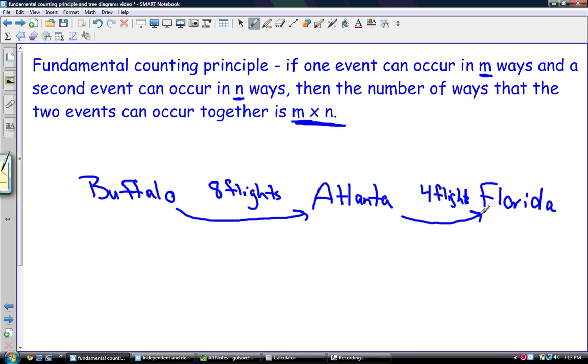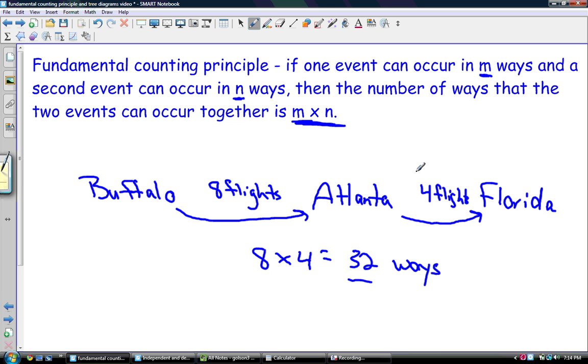That means, by the fundamental counting principle, there would be 8 times 4 ways to fly from Buffalo down to Florida with their schedule. So they'd have 32 ways to fly down there, which is nice because then they can check all those different flights and pick the ones that fit their schedule the best and are the cheapest. They have 32 different possibilities to go through.